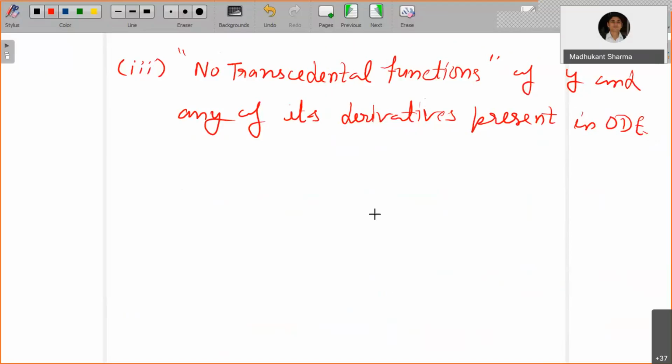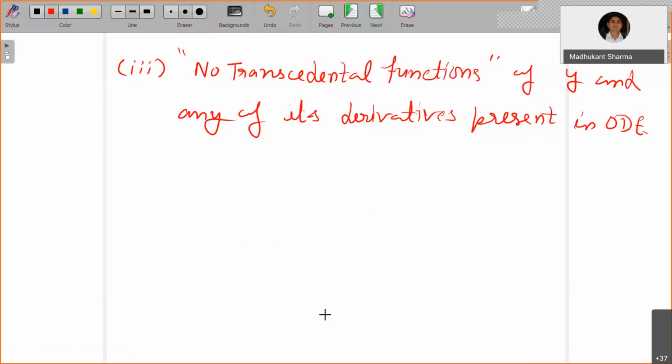If you find any transcendental function of y in the equation, it is non-linear. Likewise, each term is like an addition, where you have n terms, and you will be familiar with the meaning of a term. If any term is a product of y and any of its derivatives, it is straightforwardly non-linear.